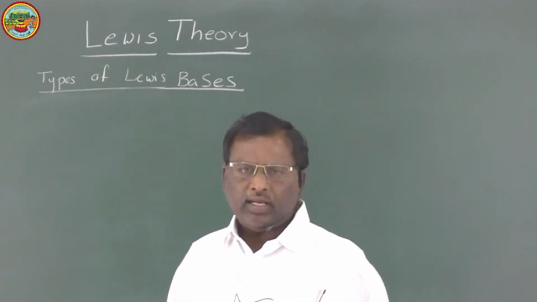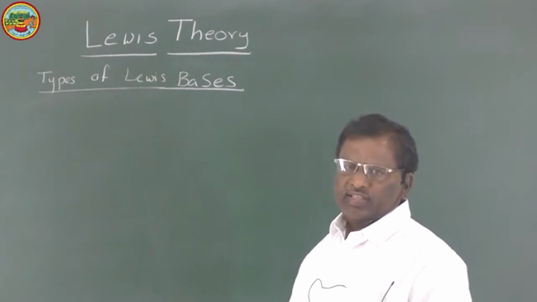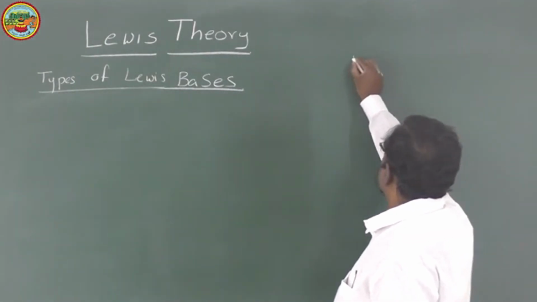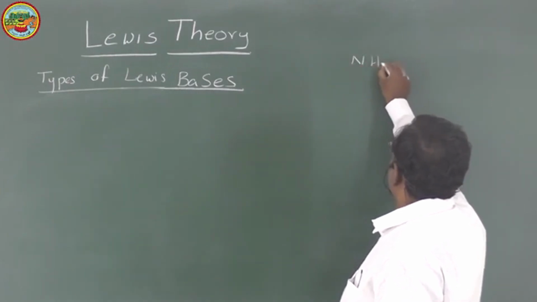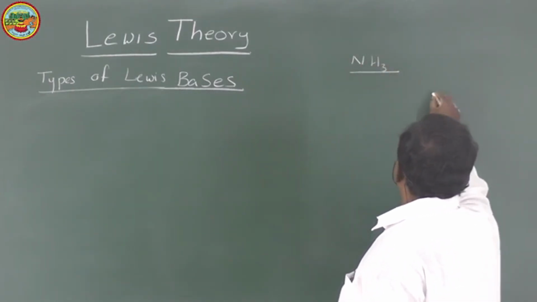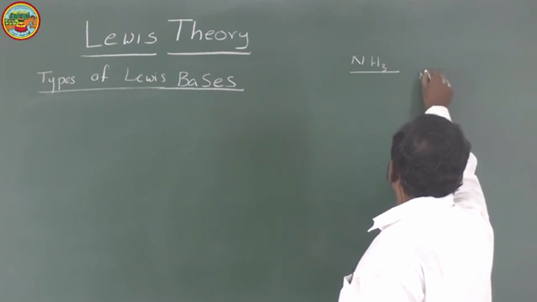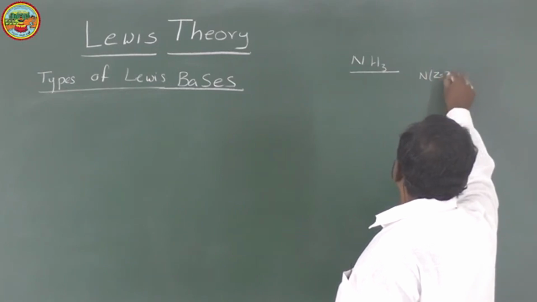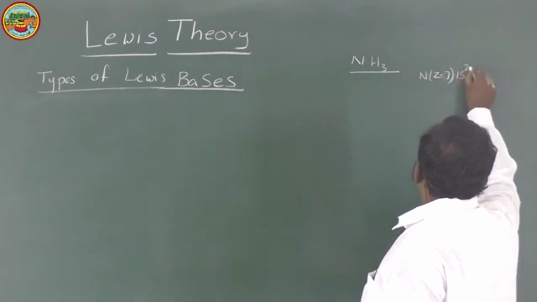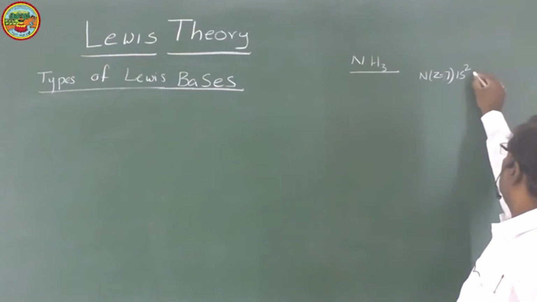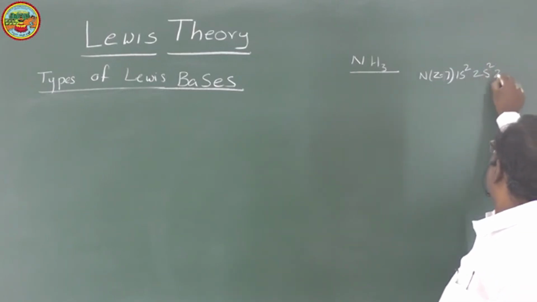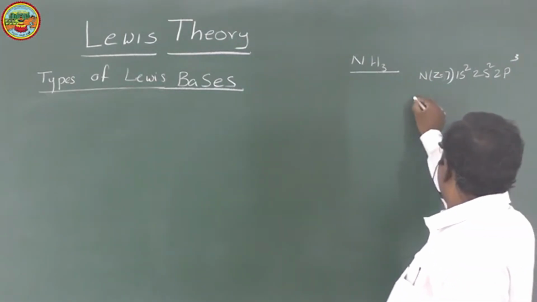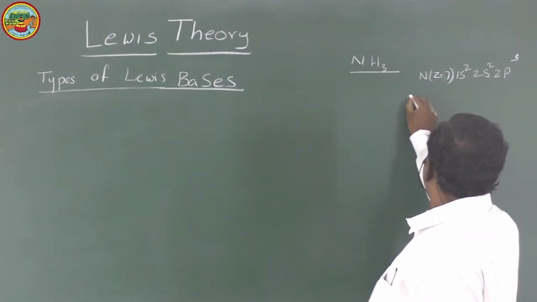Let us observe an important species, that is NH3. In NH3, the central atom is nitrogen. Nitrogen's atomic number is 7, so its electronic configuration is 1s2, 2s2, 2p3. That means this is the valency shell of nitrogen.